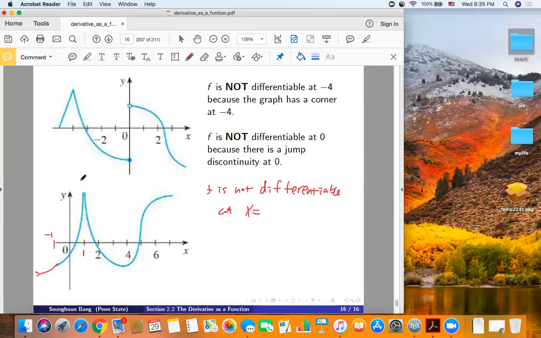What kind of result? At 1, why? Infinite discontinuity. At 5 here, what kind of discontinuity? Not that discontinuity. So what is it? A vertical tangent line? Yes. Here, infinite discontinuity. This graph is going up, going to infinity, so it doesn't meet together. Infinite discontinuity.